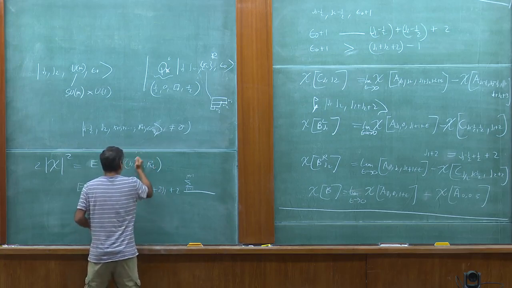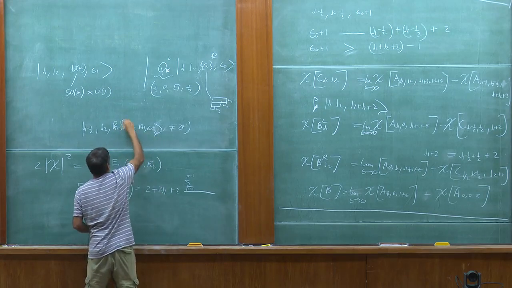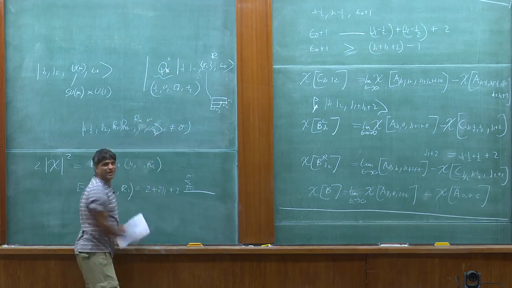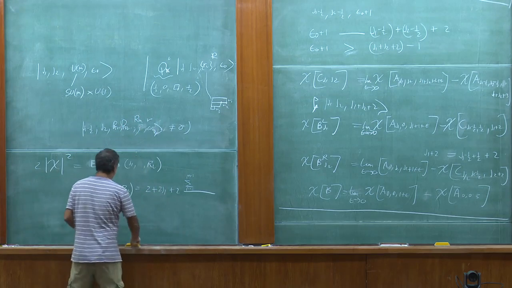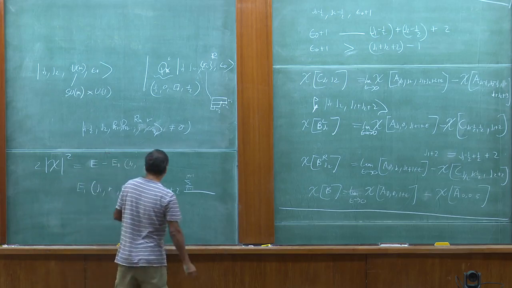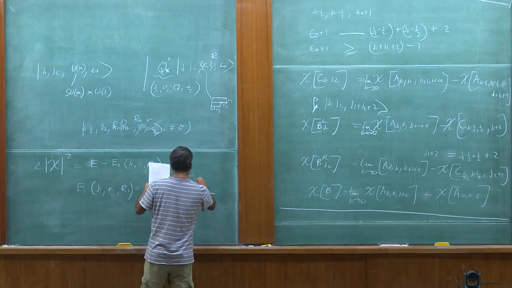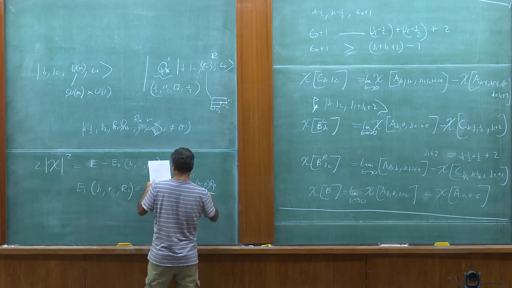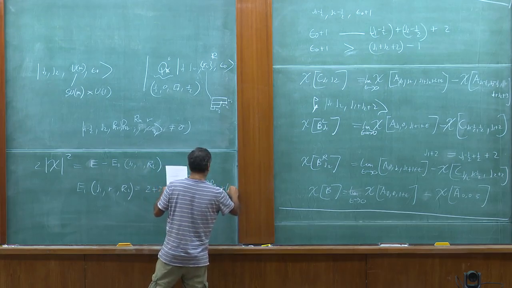In this paper I've used R1, R2 up to Rm and little r as the U1 charge. Sorry for that. This has no R index, but this has an I index. So 2 plus 2J1 plus 2 times the summation over P from 1 to M minus 1 of Rp divided by M, times M minus P, plus r into 4 minus M divided by 2M.